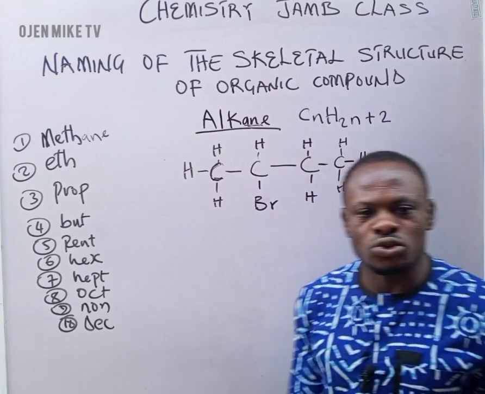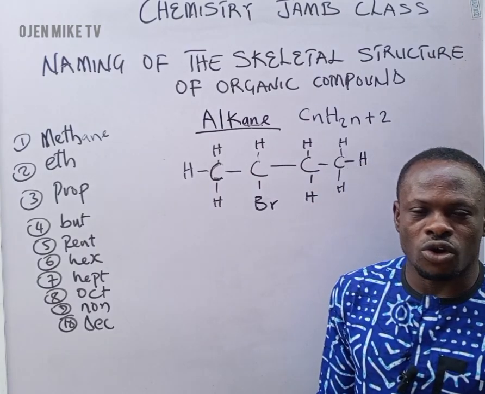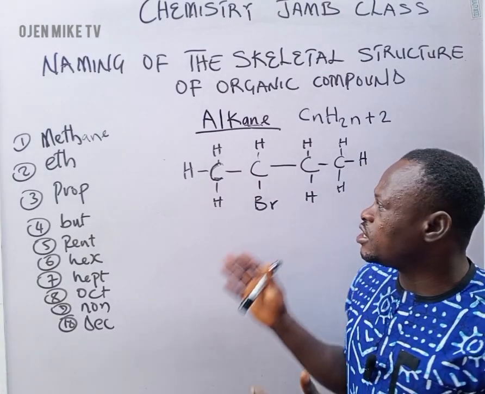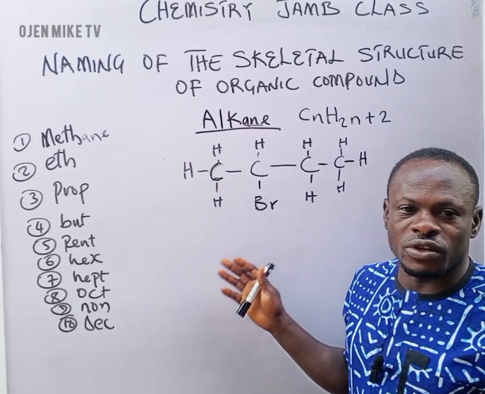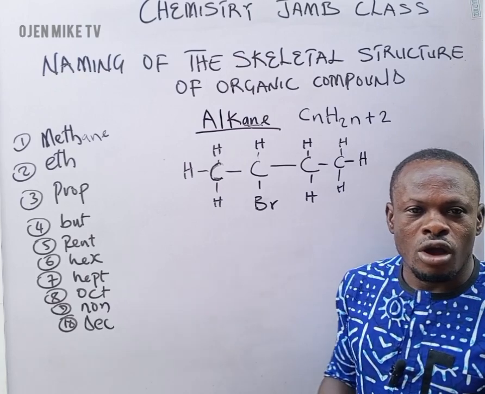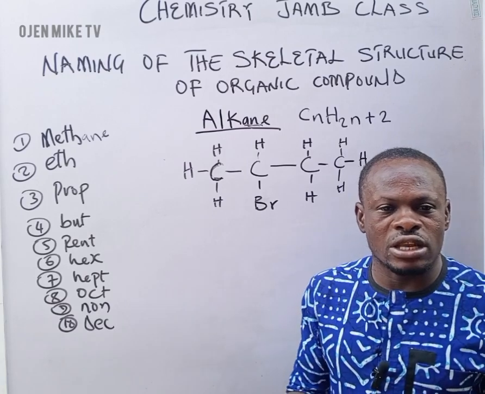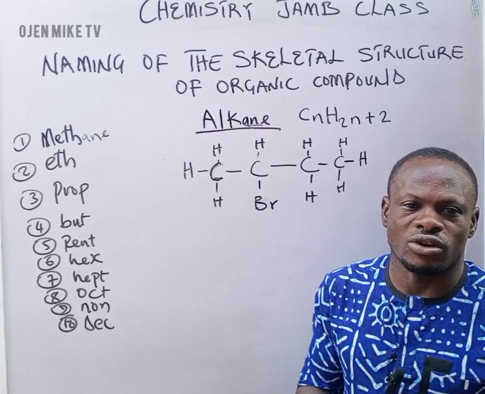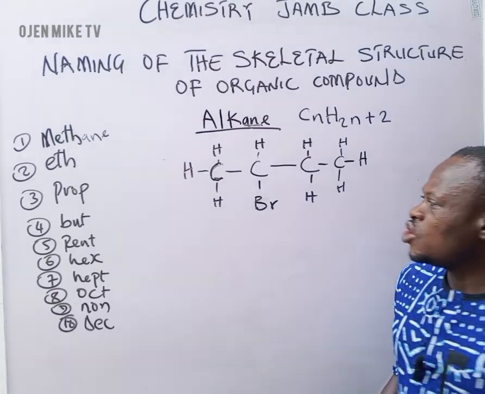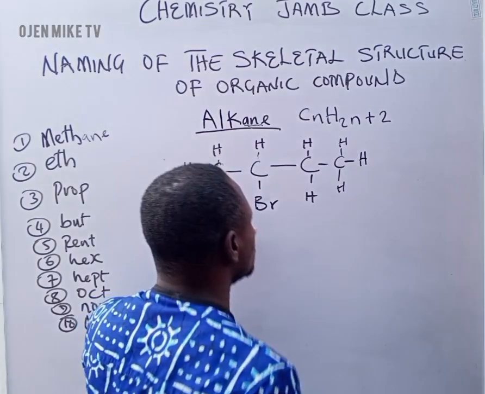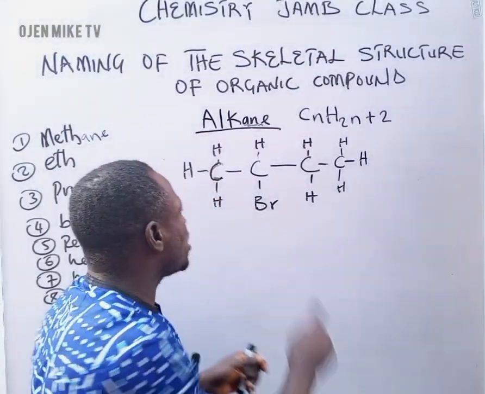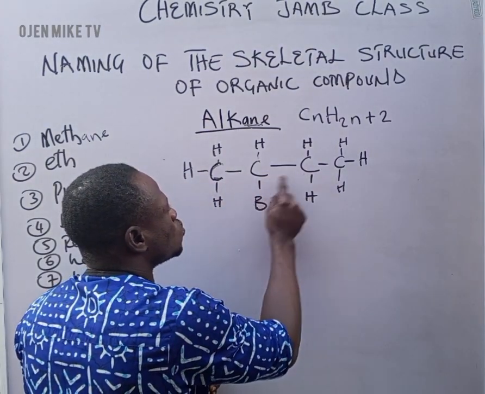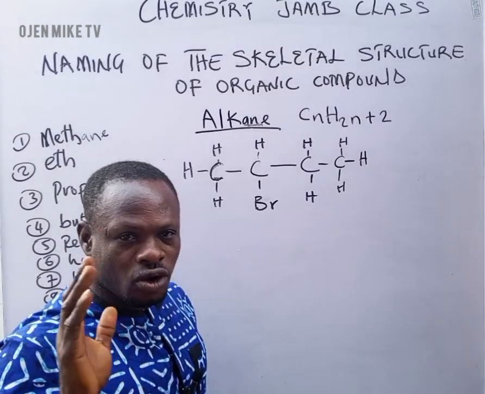Now, different tutors have their own ways of naming, and of numbering the different carbon atoms or the position of an attached carbon atom. But in my own way, the way I normally teach my students, I will give you the simplest way so that you can use and understand. Firstly, you have to identify the chain, which you already know is 4 carbon atoms, 1, 2, 3, 4, and that is for butane.